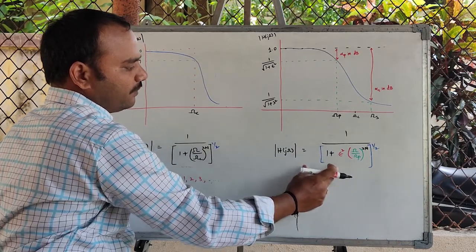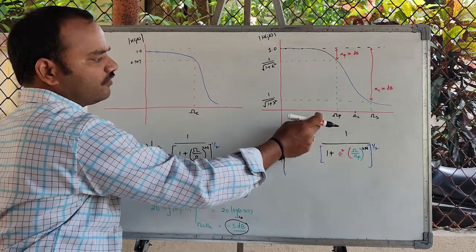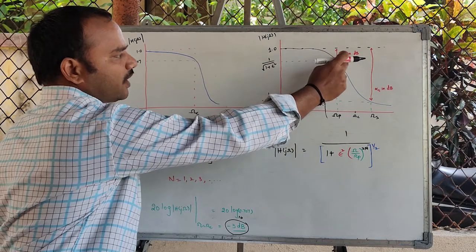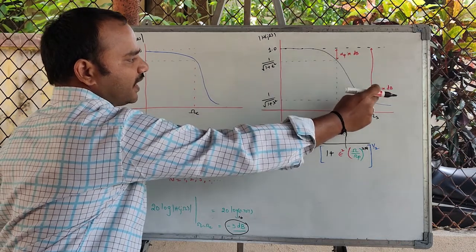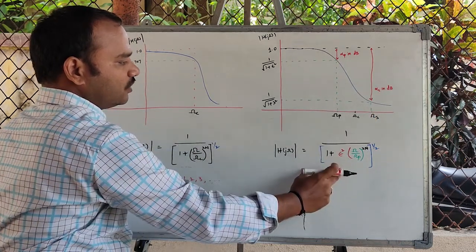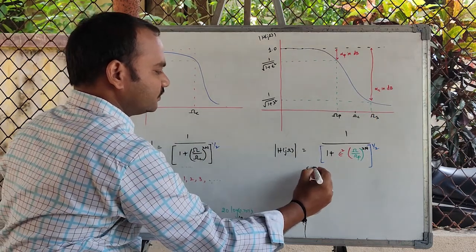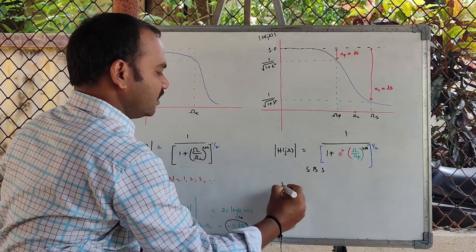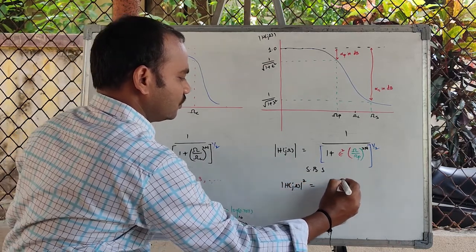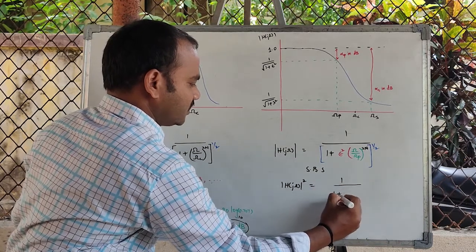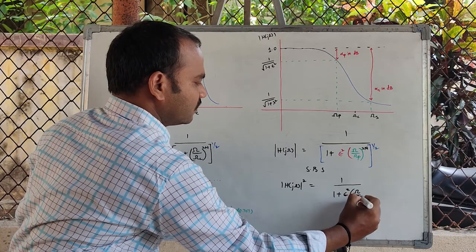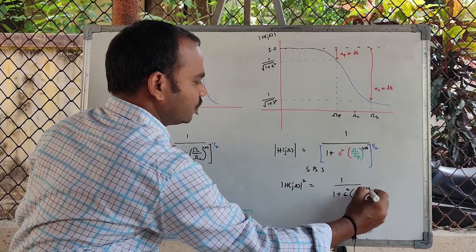This is the magnitude specification of an analog low pass filter which has pass band attenuation specified and stop band attenuation specified. Now squaring on both sides, it is magnitude of H of j omega square is equal to 1 by 1 plus epsilon square (omega by pass band frequency) to the power of 2n.